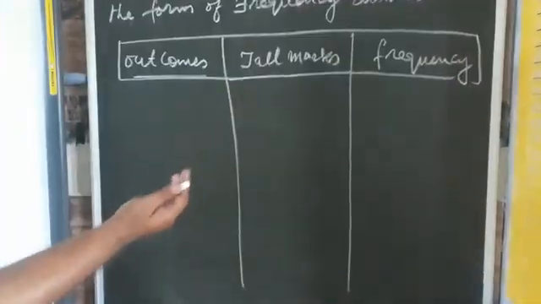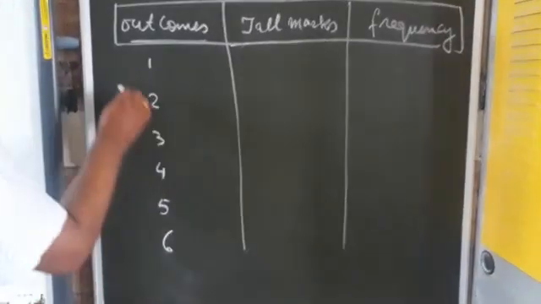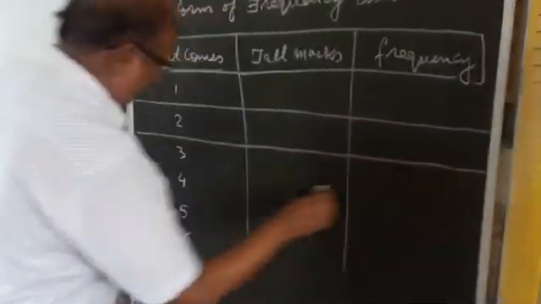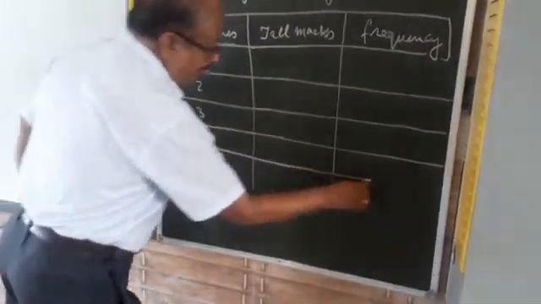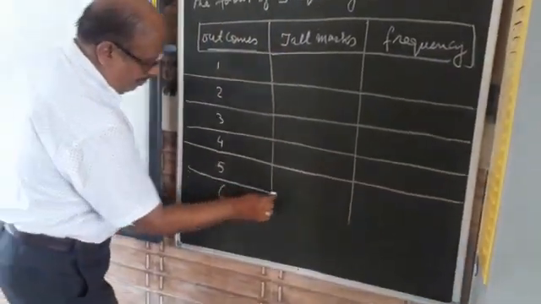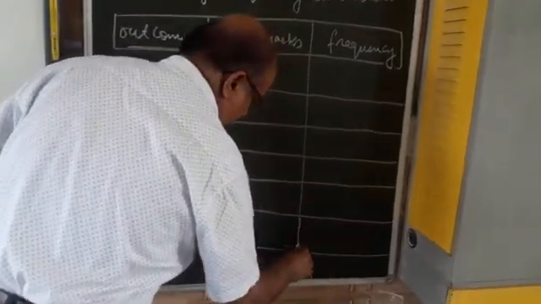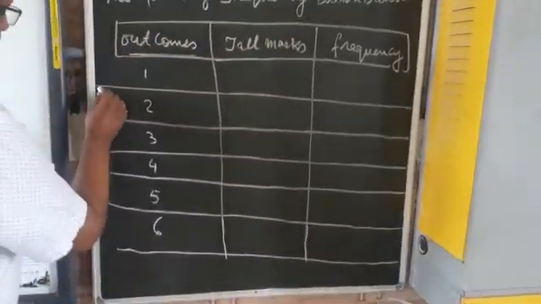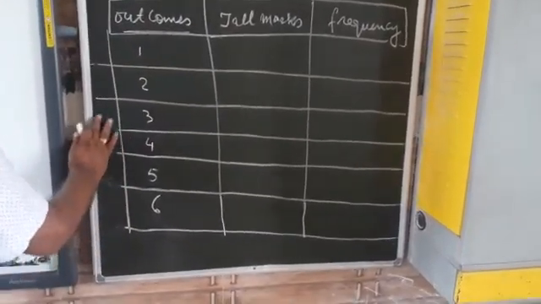Outcomes, in the sense that we have a dice, and you know it has 6 faces, so here we write 1, 2, 3, 4, 5, 6. With a scale you can draw the table correctly. So the dice has 6 faces.